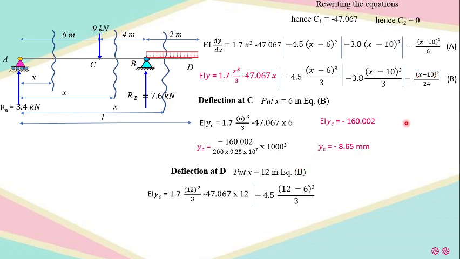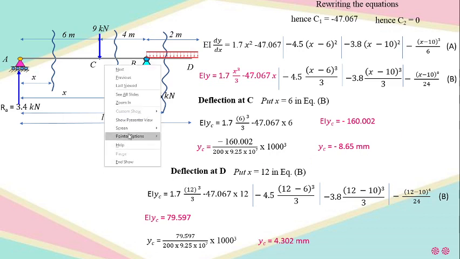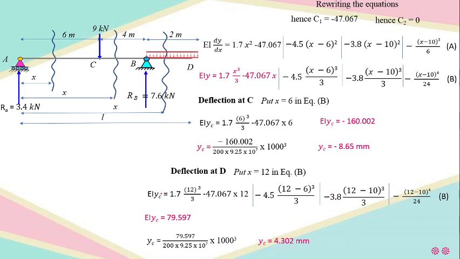Is it okay? So take all the terms, put the value of x is equal to 12, simplify it, and you will be getting the deflection at D. So all this is the deflection at D. This is the deflection at D, and also this is the deflection at D, right? So this is how we have to find out the deflection at point D.